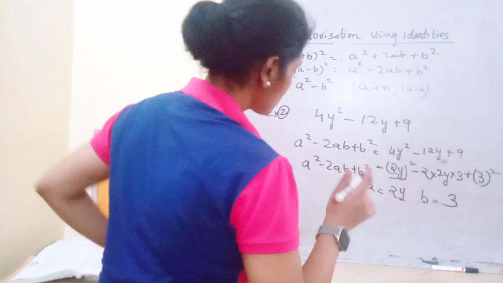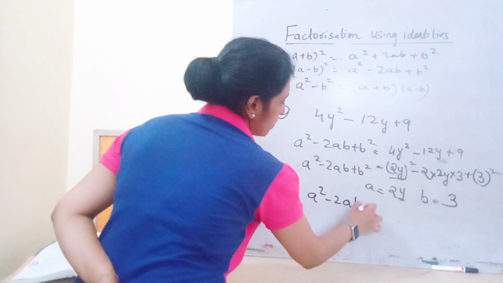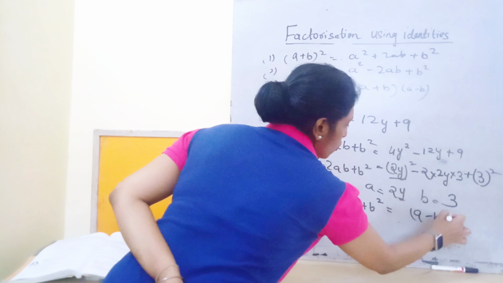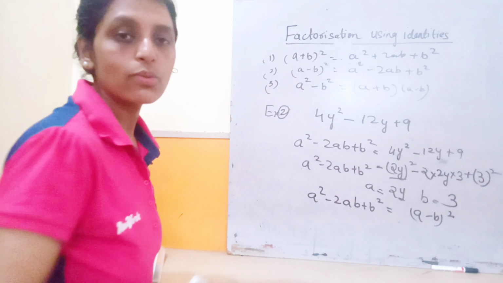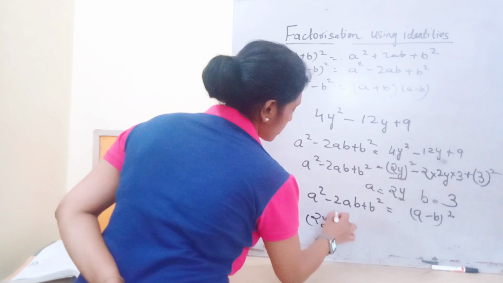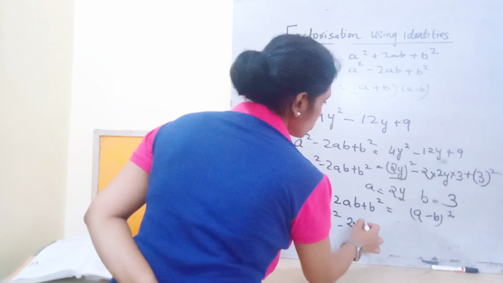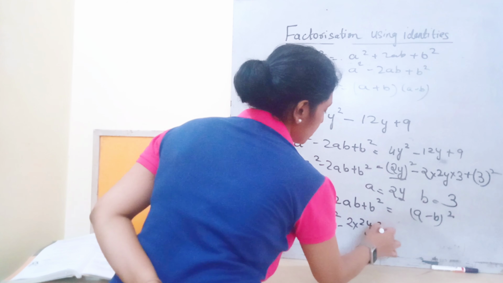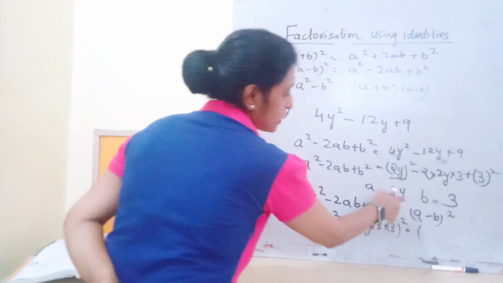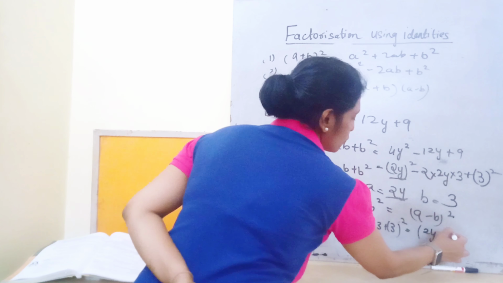Okay. So we know that a square minus 2ab plus b square is the expansion of (a minus b) whole square. Similarly, we can write this algebraic expression (2y) whole square minus 2 into 2y into 3 plus 3 whole square is equal to, a is your 2y and b is your 3.